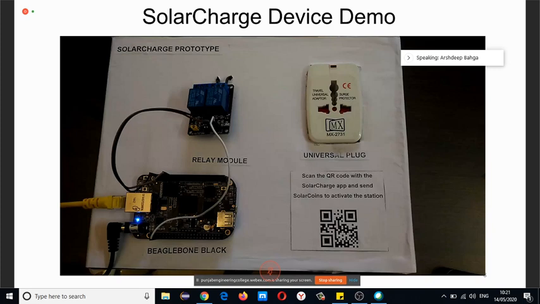Each charging station has its own account. Users pay directly to the charging station's account, unlike a centralized system where a user has to make payment through a payment gateway to a company's bank account or a company's wallet account. Here there is no centralized authority involved. The charging stations are fully autonomous in nature.